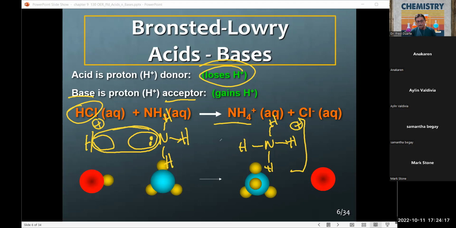Remember, we had a bracket around it and a positive outside. Okay. And so the ammonia has nothing to do with hydroxide in here, but acted as a base because it neutralized the proton by having that proton attached to the lone pair that the nitrogen had. Okay.